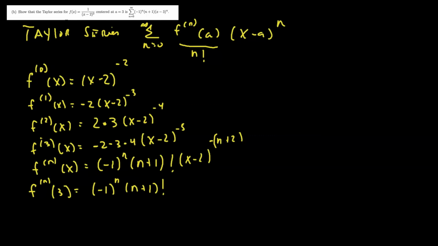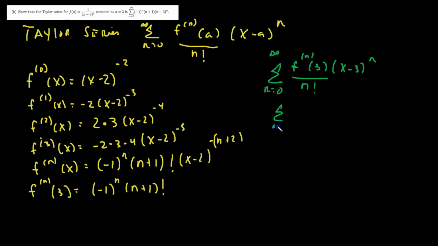Summation n equals 0 to infinity of the nth derivative at 3 over n factorial times (x minus 3) to the n.